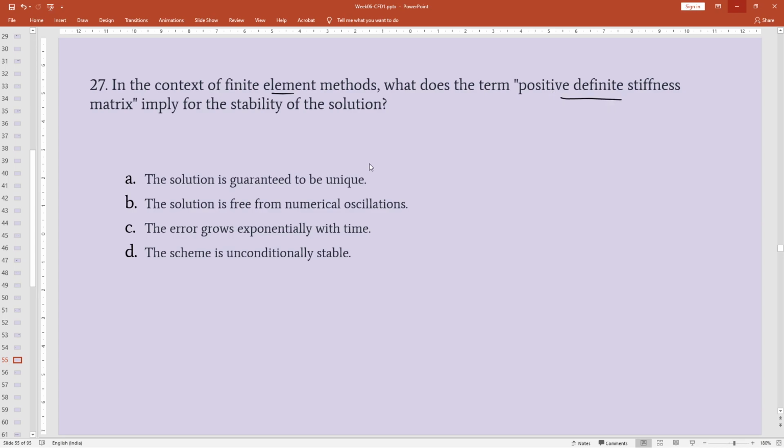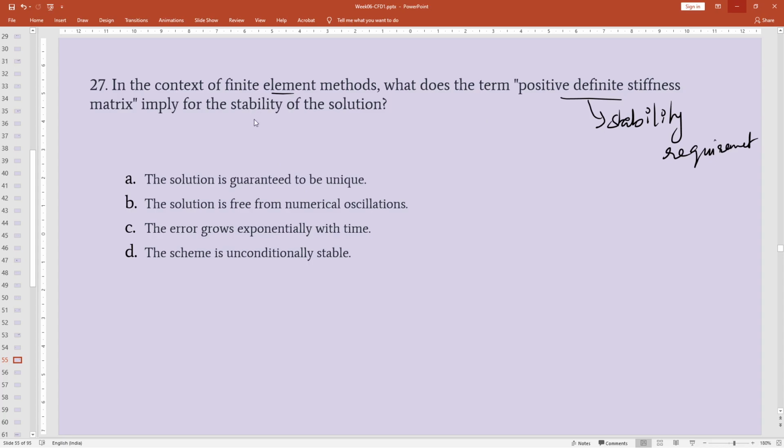So it is something related to the stability requirement of the finite element method.